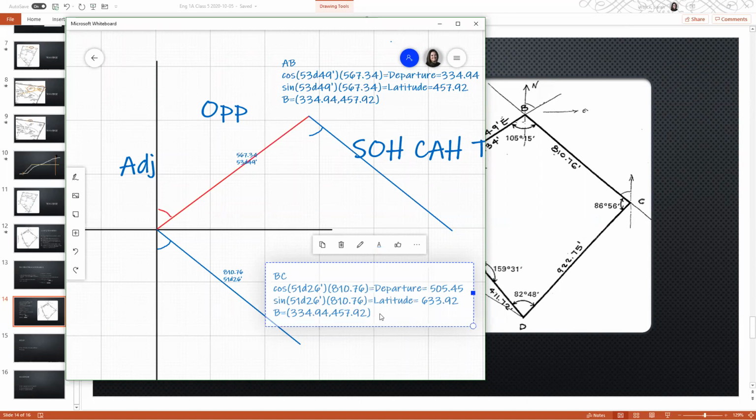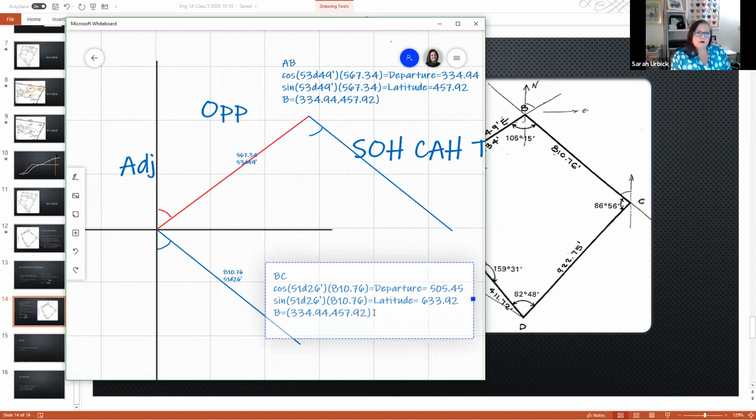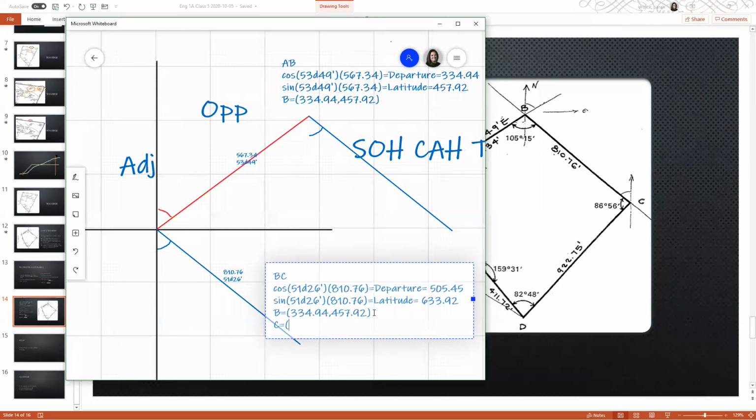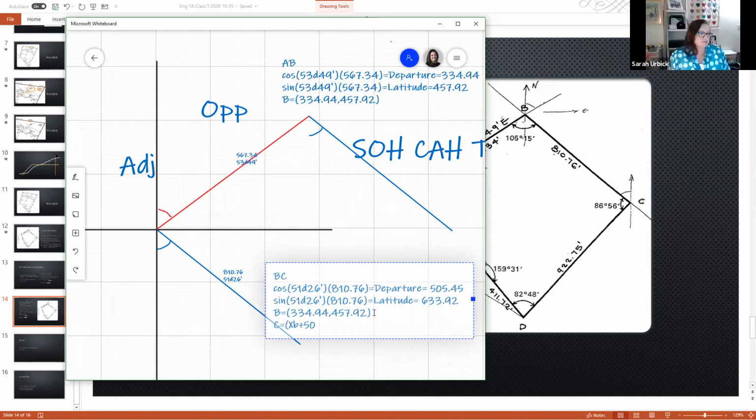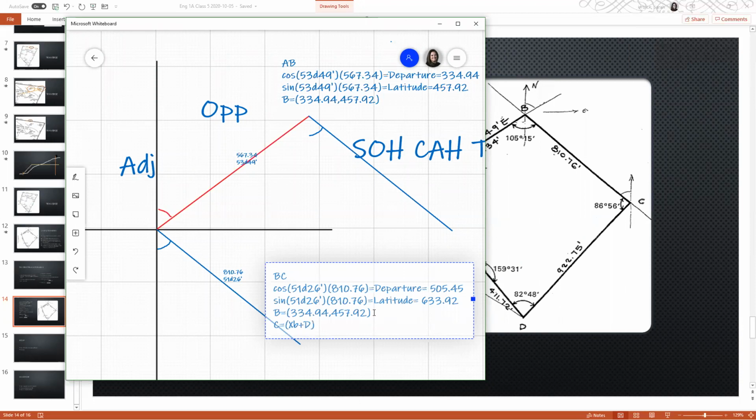All right, so now we can see kind of where we should be, whether we add or subtract to our coordinates at B. So our coordinates at C are our x coordinate at B, x sub B, right? Going further to the east, so I'm going to add my departure, which is 505.45, my D, right?